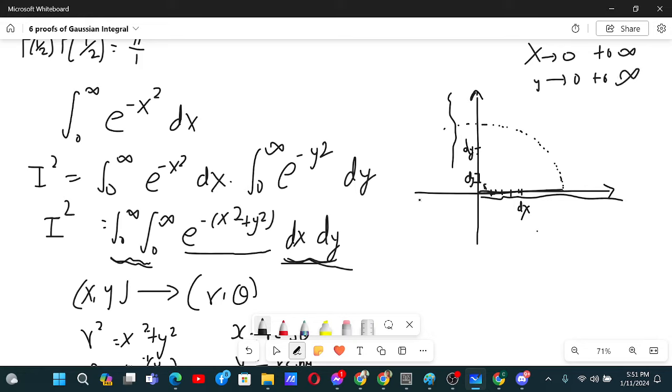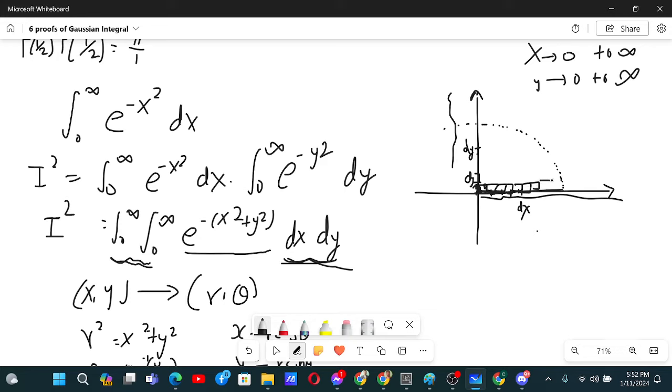And over here, for every y going from 0 to infinity, x will go from 0 to infinity. That means, let's say there's a small dy, y going in the y direction. Now for every dy, there will be all this dx that will go from 0 to infinity.